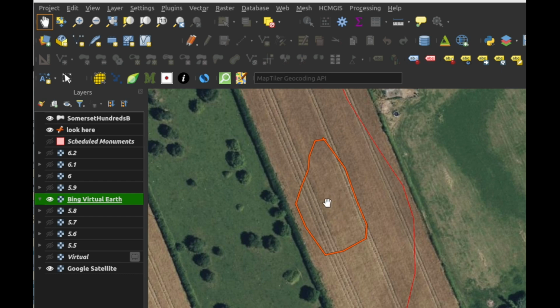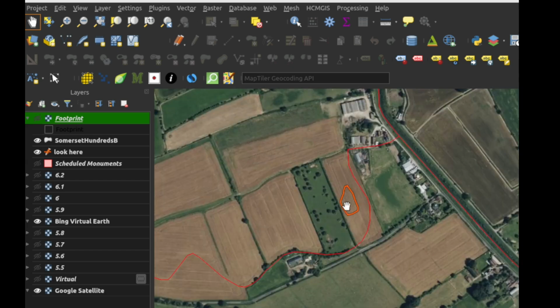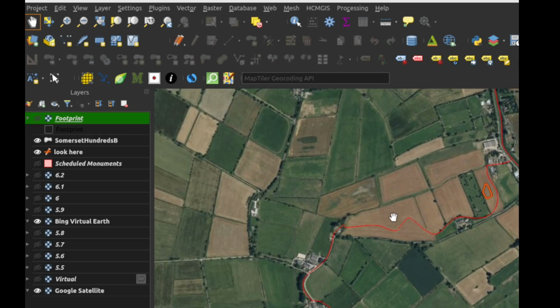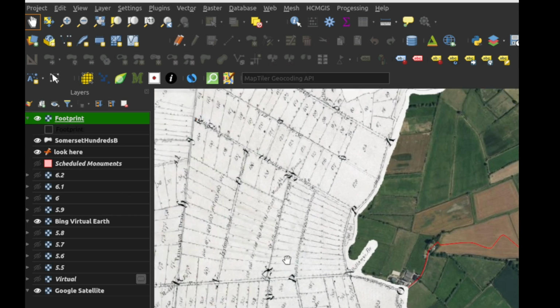on Google Earth. Just before I go off and look at Google Earth looking for crop marks, I have noticed that these are long, narrow fields, which are called Burbage plots. Now, originally, this would have been even narrower. And if I zoom out, and we go over here, and I put on an old map, there, you can see how narrow it would have been at one time.